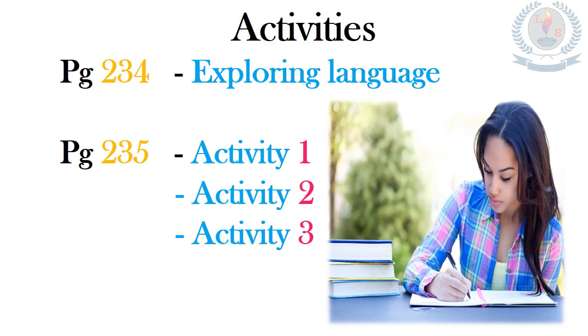The other one is activity 2. You have to refer to the same page. Explaining the accident. Work with a partner. Right now, there's no need to work with a partner, as you are going to watch this, so you have to do it alone.